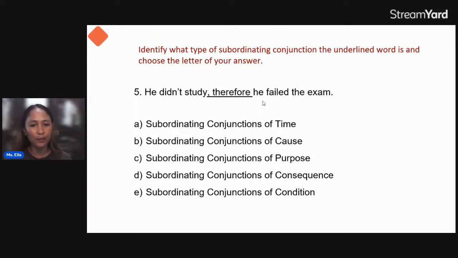D, subordinating conjunction of consequence? Or E, conjunctions of condition? I want you to understand the sentence.